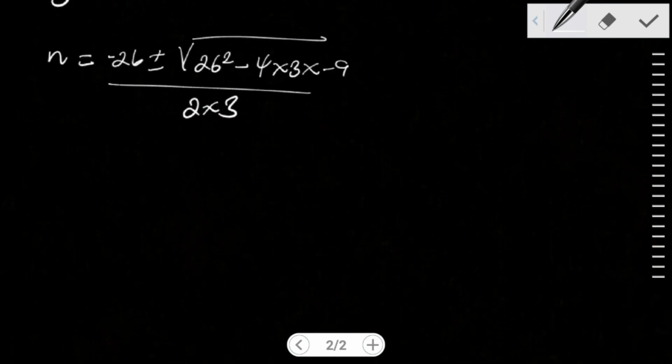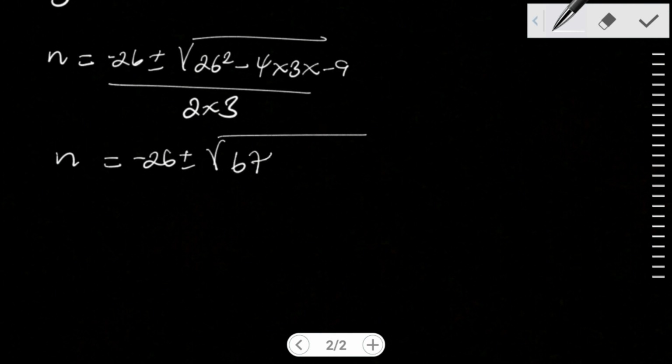And so we are going to have n equal to negative 26 plus or minus the square root of 676 minus, this is going to be a plus, because negative times negative we get a positive. Therefore this should be 108, all over 6 in this case.